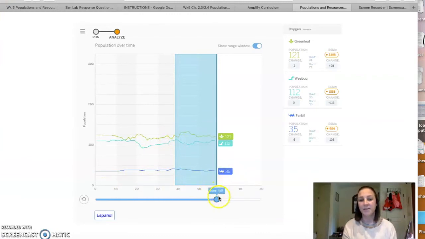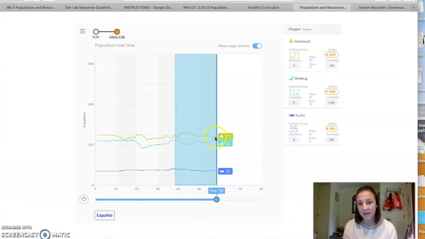And then this blue section highlighted here, all of that information in the blue section is given in this table. It's a lot more information. You can see the number of deaths and births. And so we've been talking a lot about what makes a population stable or not. So you can see there's 74 deaths and 72 births. That's pretty close.